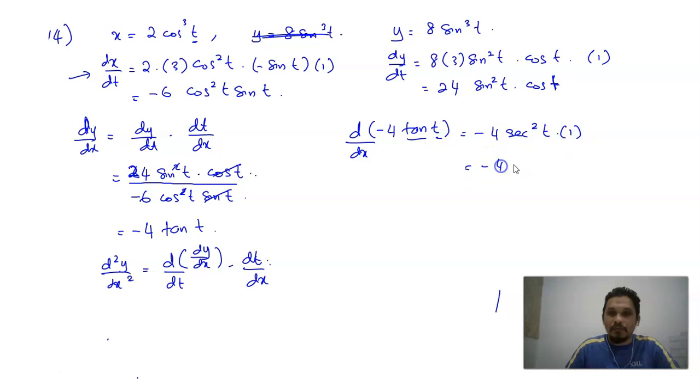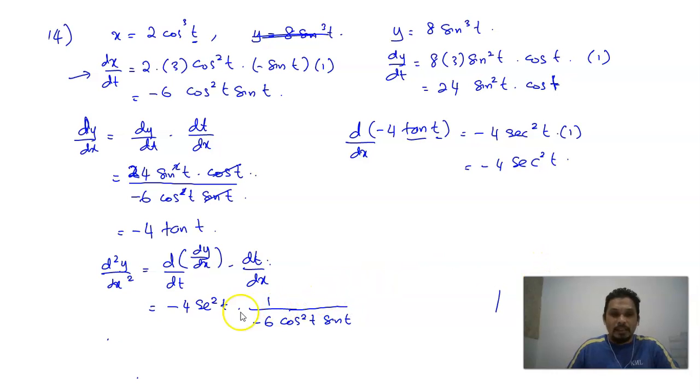So negative 4 sec squared t. The derivative of dy/dx with respect to t is negative 4 sec squared t, and dt/dx is 1 over negative 6 cos squared t sine t.